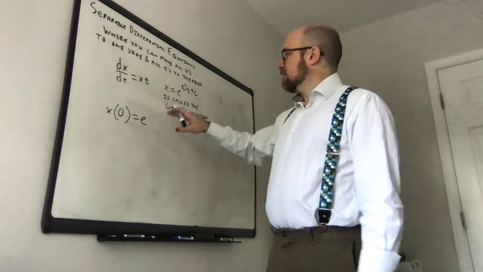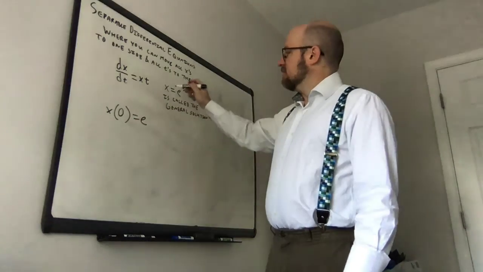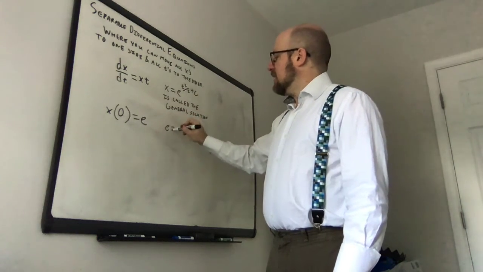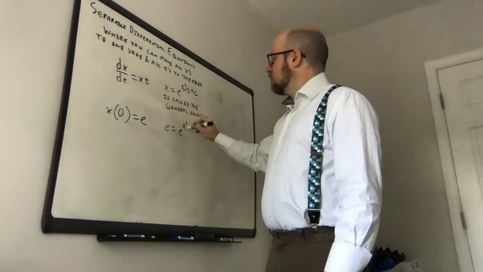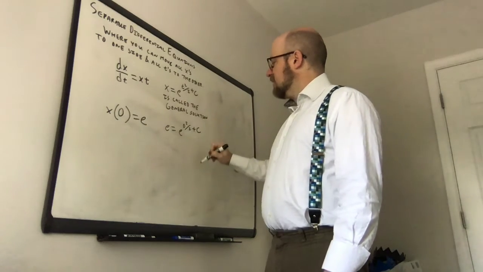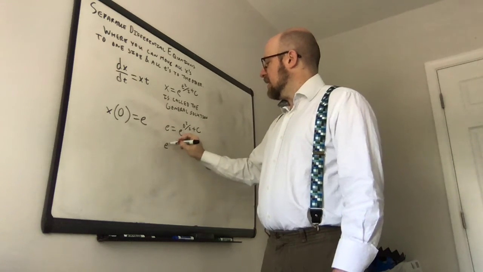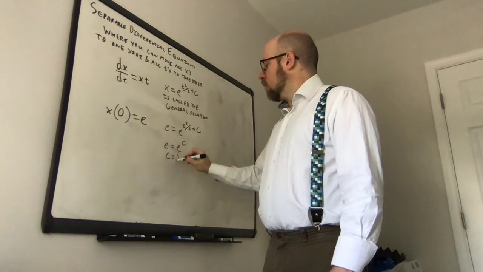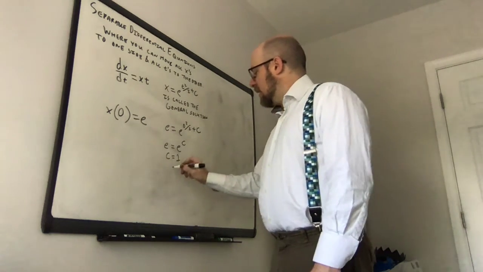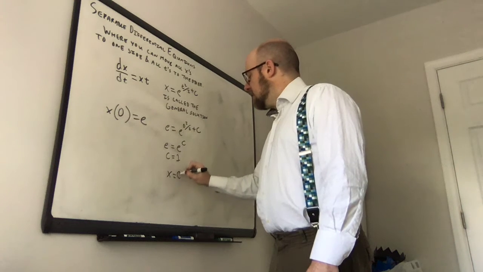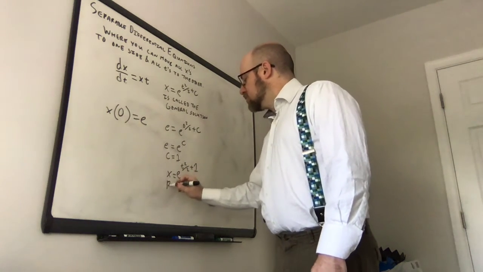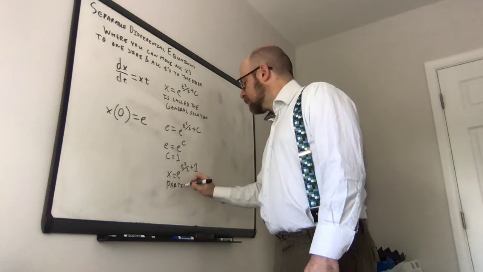If you've got an initial value, you can solve this. You can say when t equals 0, x equals e. So e equals e to the (0 squared over 2 plus c). So e equals e to the c. So c equals 1. And you get x equals e to the (t squared over 2 plus 1), which is called a particular solution.